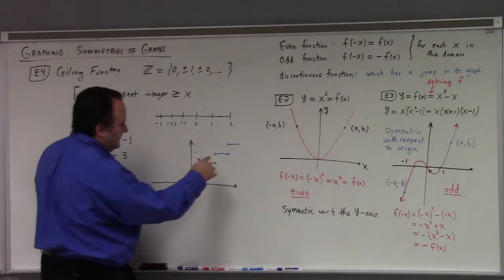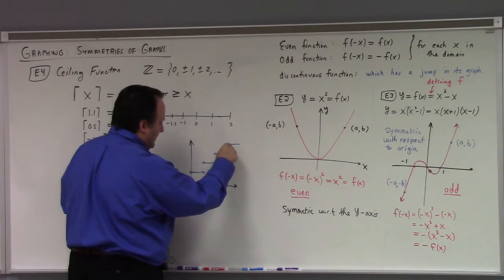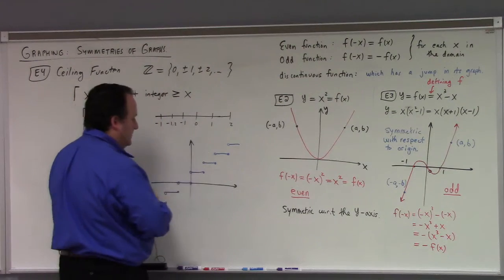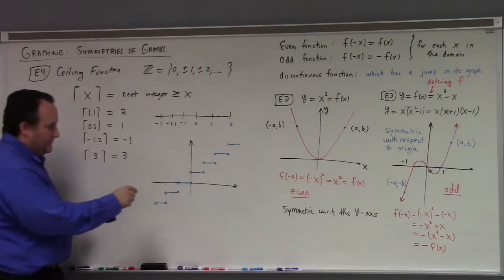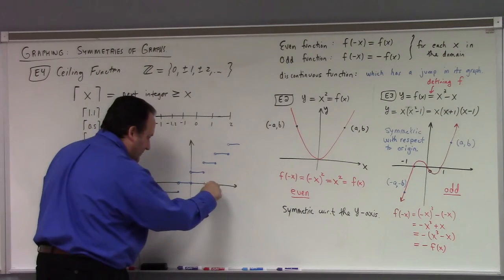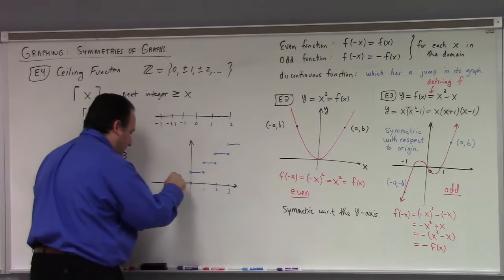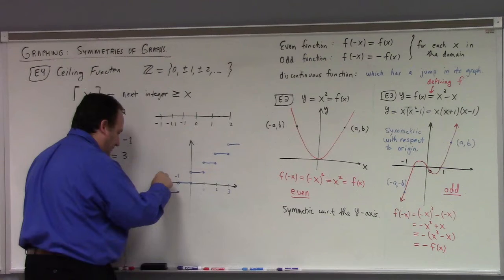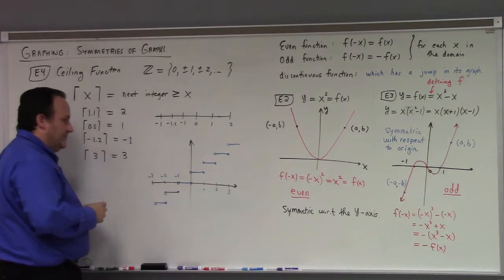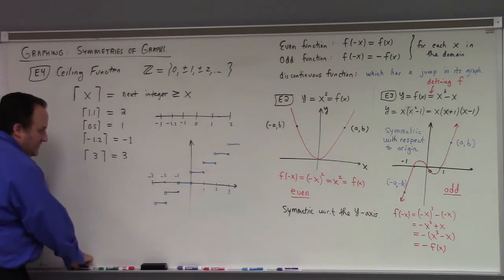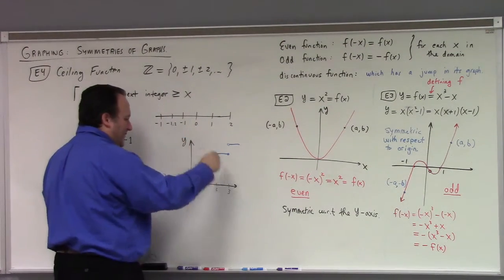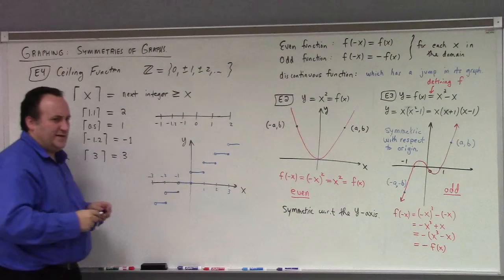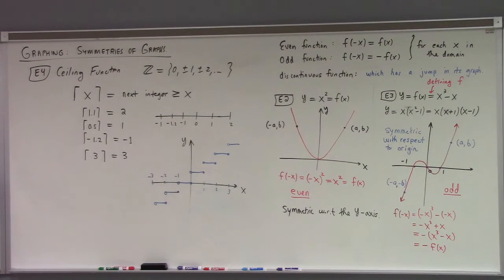So the open circles are on the left of each one. This is 1, 2, 3, minus 1, minus 2, minus 3. All right, here you go. This is the graph of the ceiling function. This is pretty far divorced from anything else we've done this semester, right? This is a really weird example.